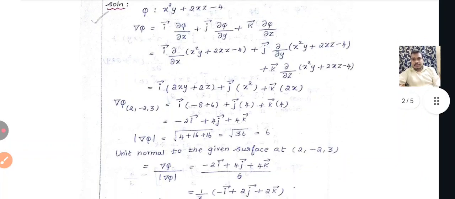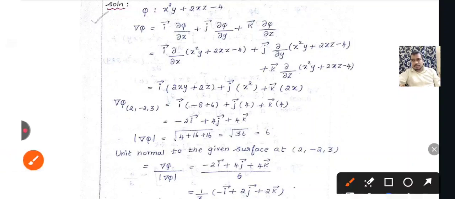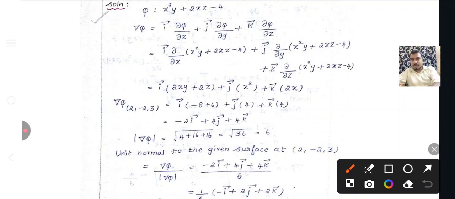Now the modulus of del phi is the root of the sum of squares of the coefficients of the i vector, j vector and k vector. The coefficient of i vector is minus 2, so minus 2 the whole squared is 4.